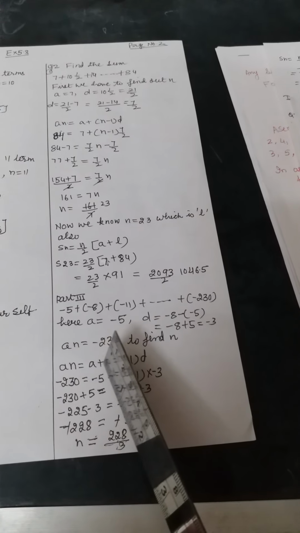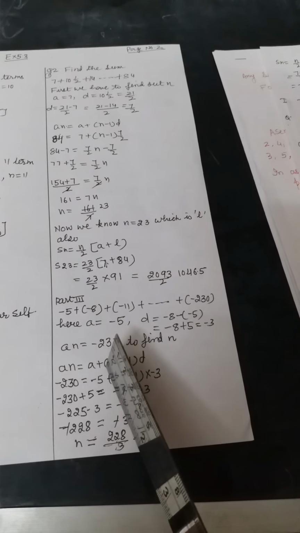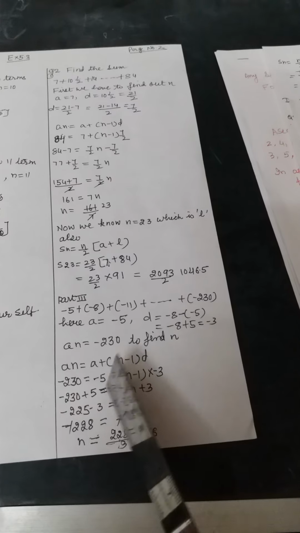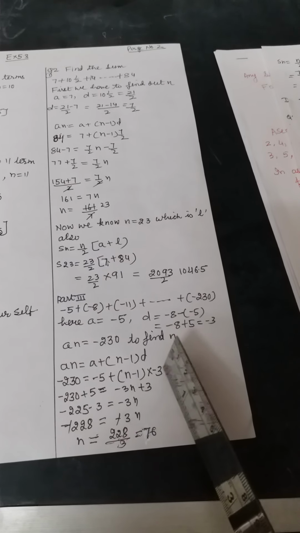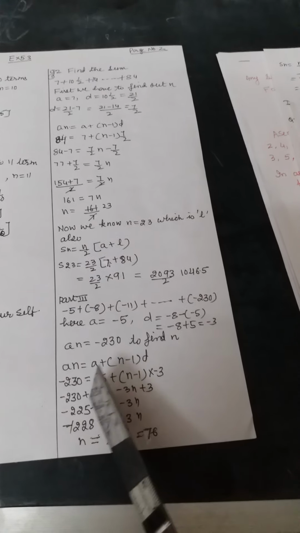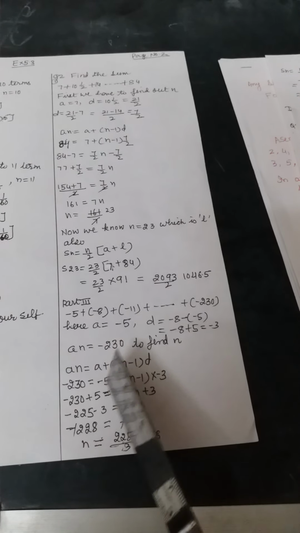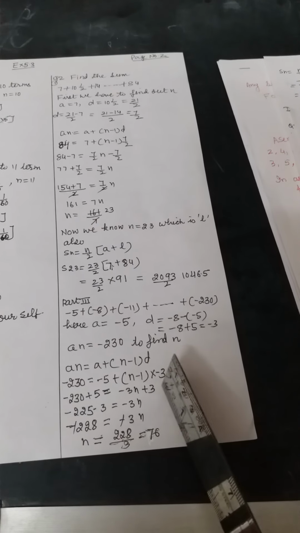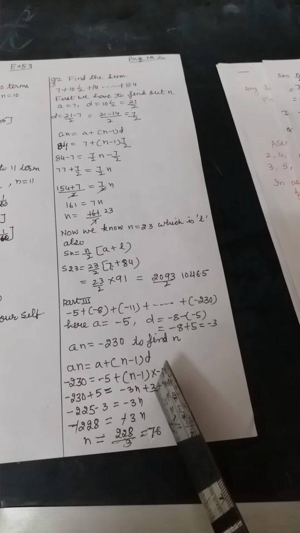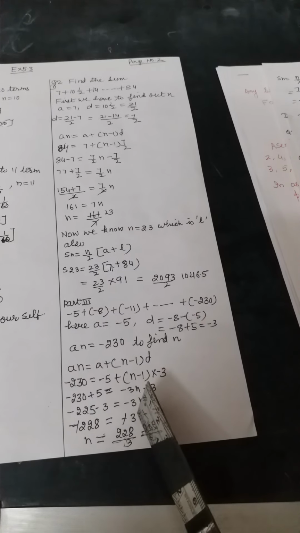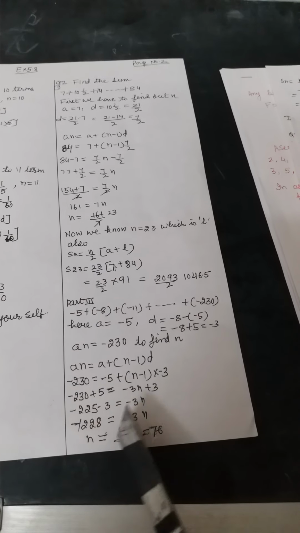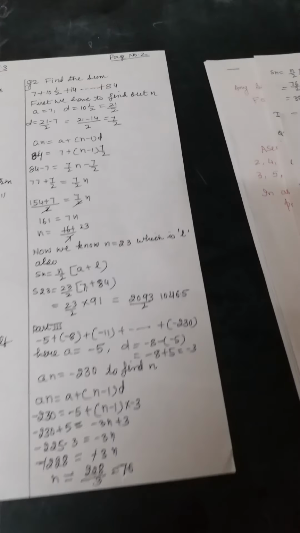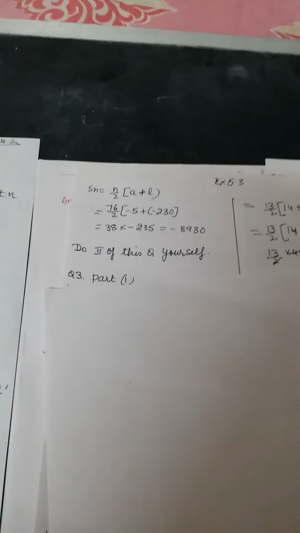Then the an formula will be used. an is equal to a plus n minus 1 into d. -230, a is -5 plus n minus 1 and d is -3. Then -230, this -5 will come to this side, then -225 is equal to -3n, then n will be equal to 225 by 3, equal to 75.